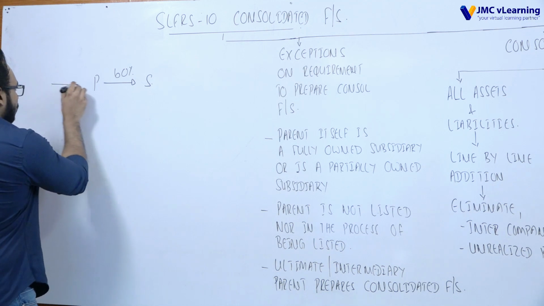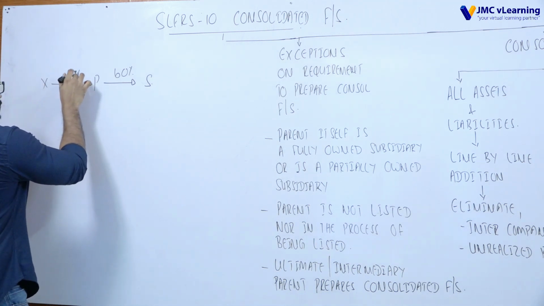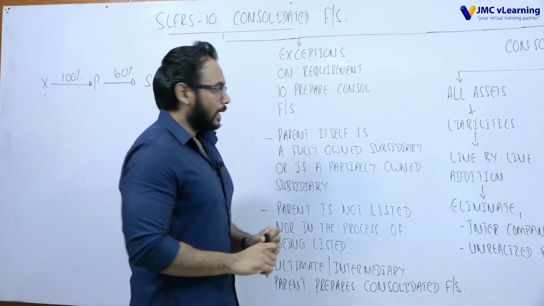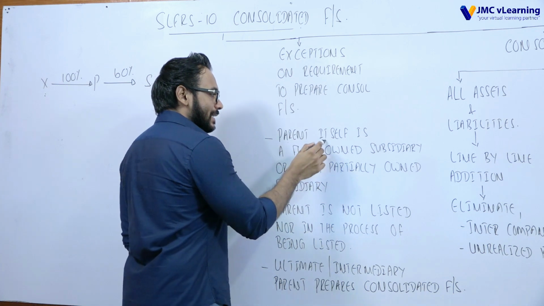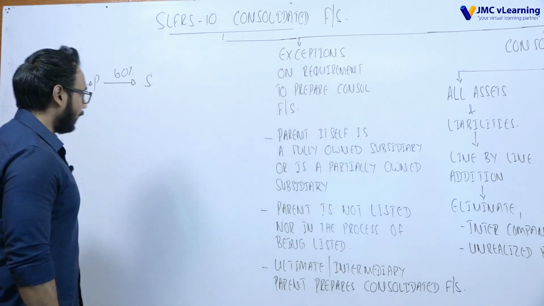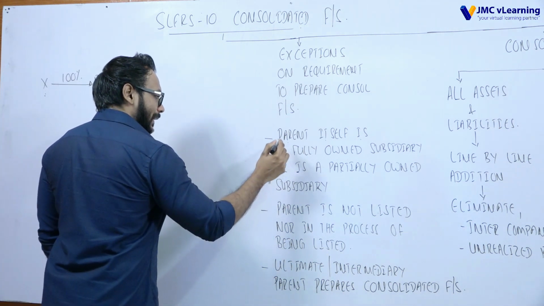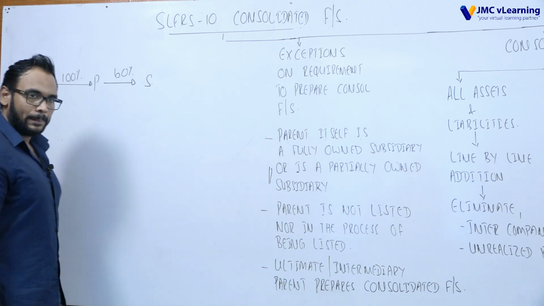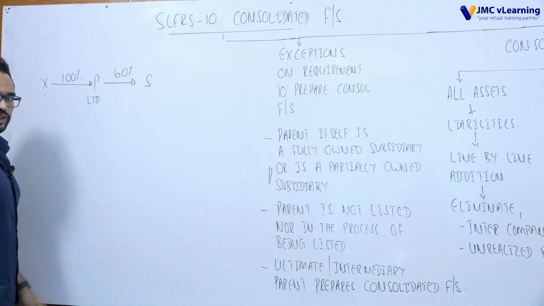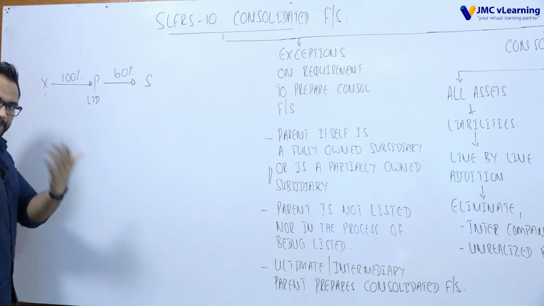However, if P by itself is a fully owned subsidiary of another organization, the parent itself is a fully owned subsidiary, right? We'll come to this part later. So the parent itself is a fully owned subsidiary. Parent is not listed, it's not a PLC, nor in the process of being listed.